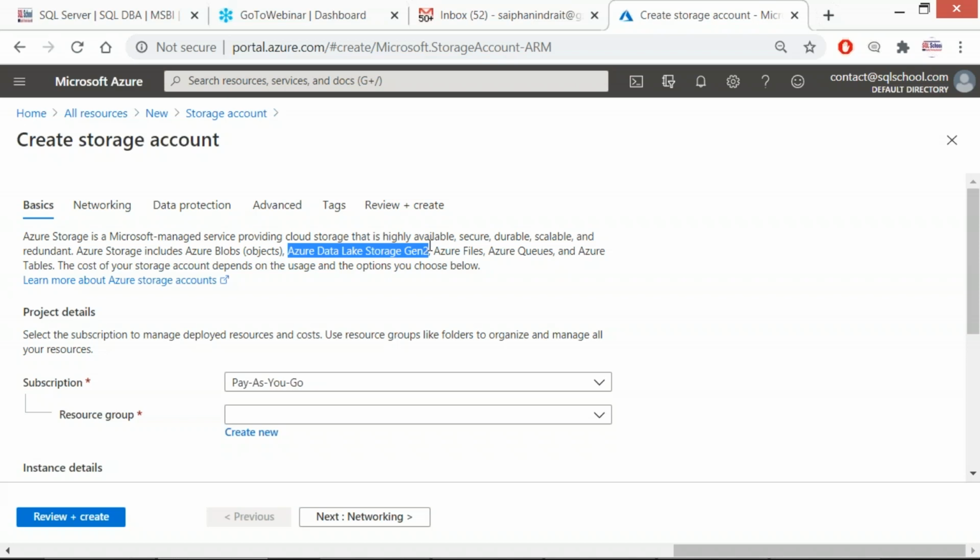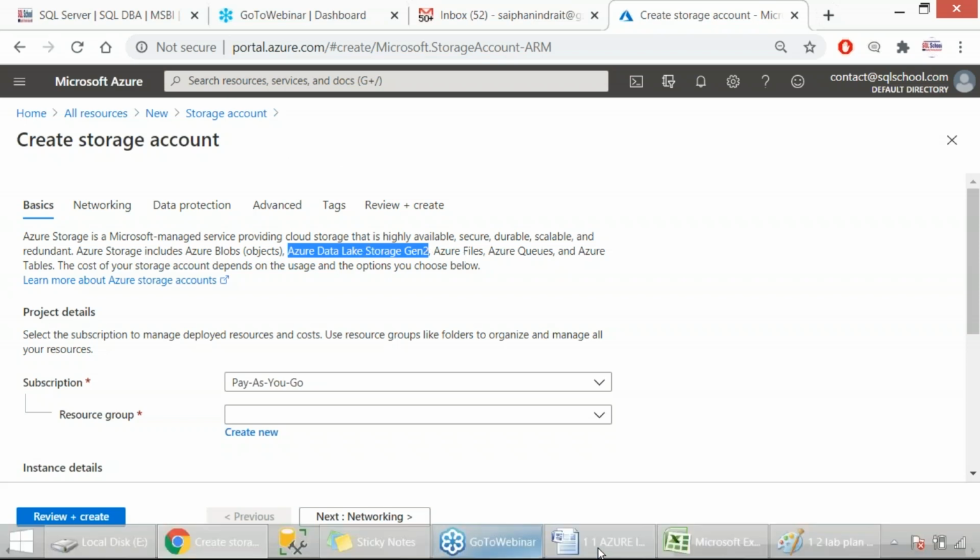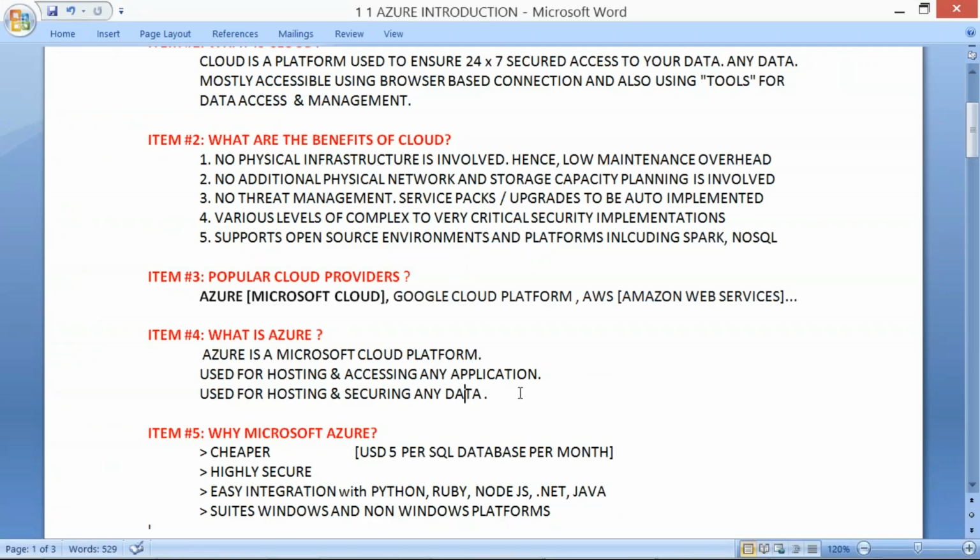One is regular storage, the other one data lake storage for big data access. So either applications like SQL Server or direct storage like storage accounts and data lake are possible with the cloud platform Azure. Why go for Microsoft Azure?